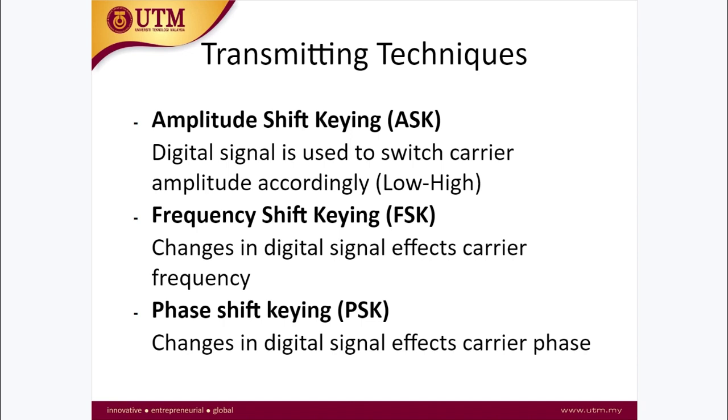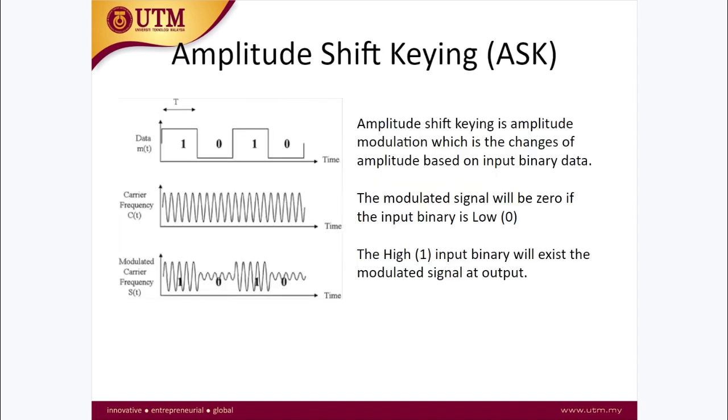It's either low or high. In frequency shift keying, changes in the digital signal affect the carrier frequency. In phase shift keying, changes in the digital signal affect the carrier phase. We will go through the details in the next slides.